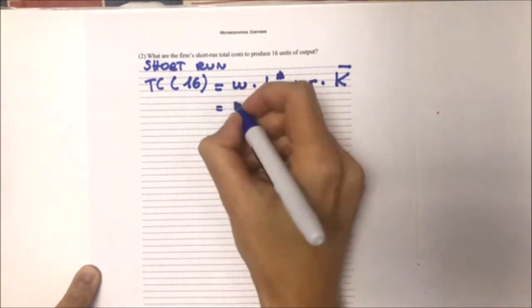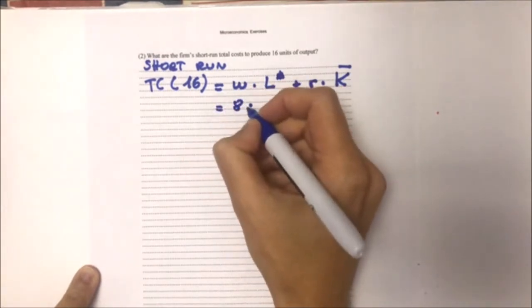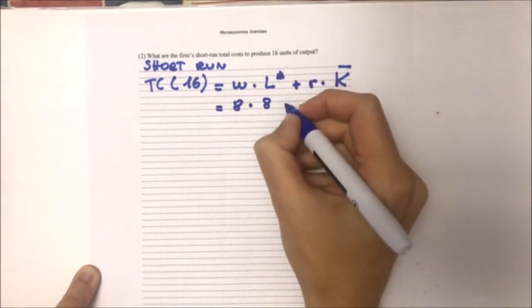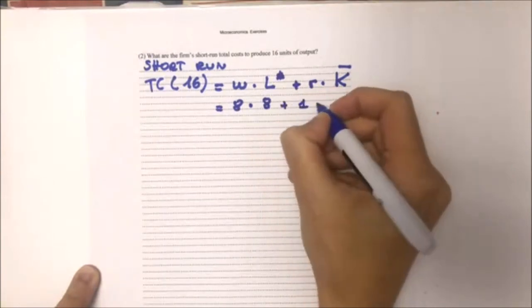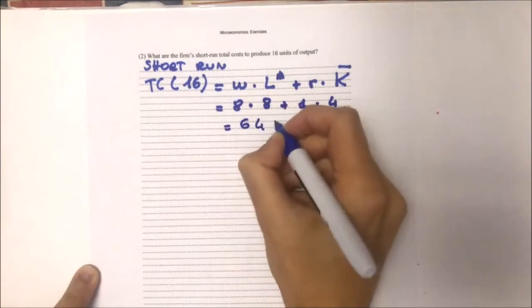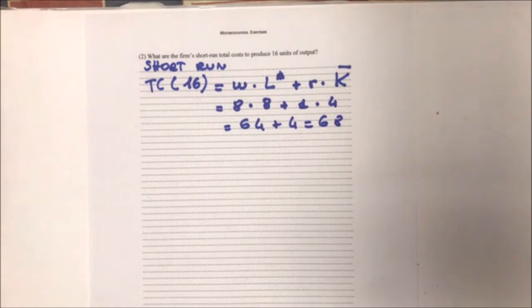So we have 8 times 8, because the wage is 8 and L star is 8, plus R is 1 and K is 4. So we have 64 plus 4, 68. So in the short run, producing 16 units of output has a cost of 68.